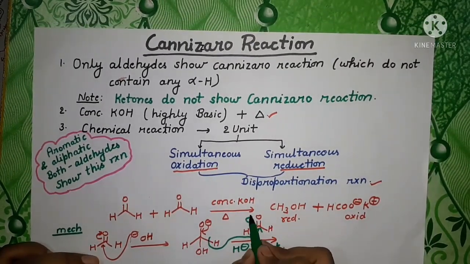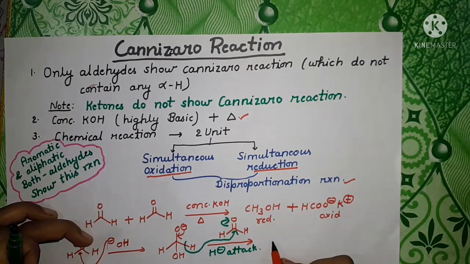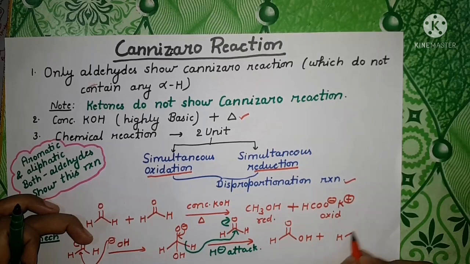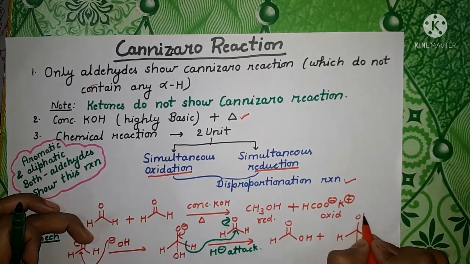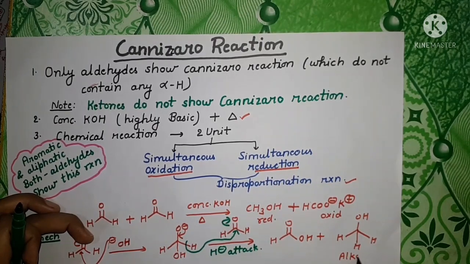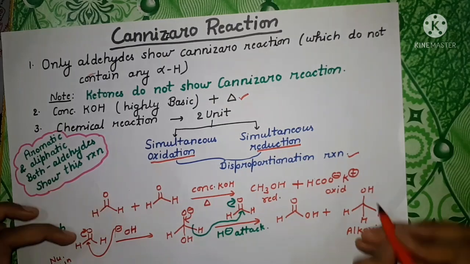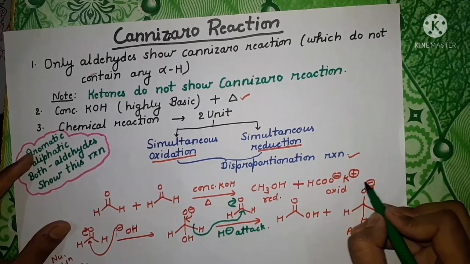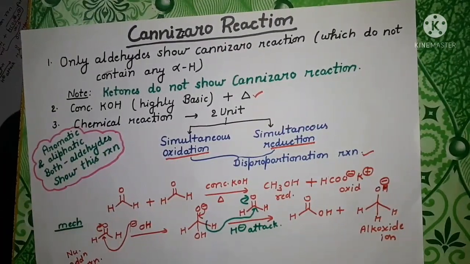So in the next step what we will get is formic acid, and the second one is the alkoxide ion. This alkoxide ion is more reactive, so it just wants to be stable.